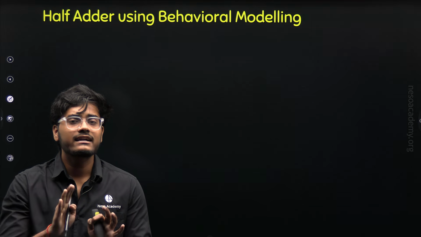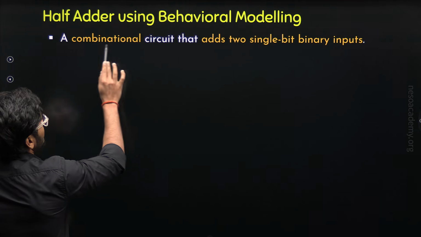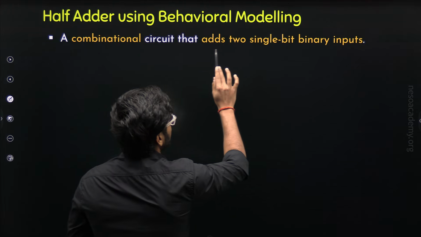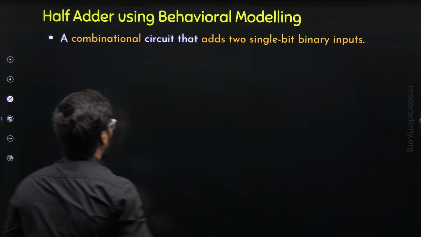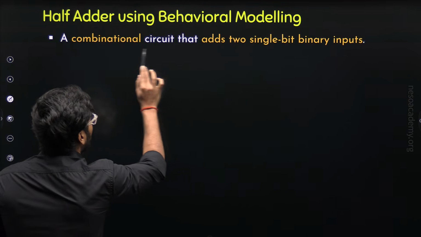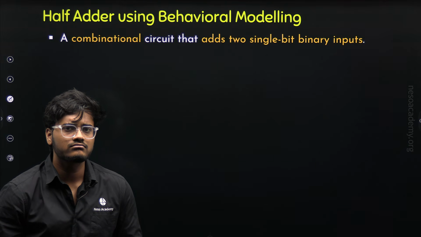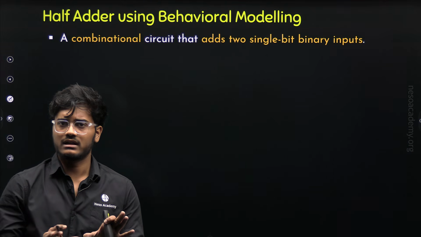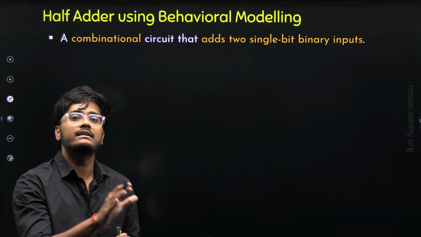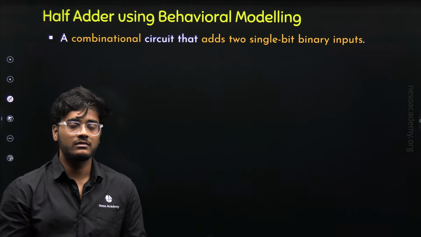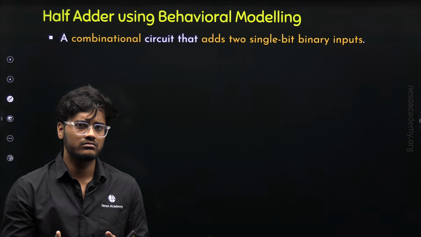Now let's see its formal definition. Half adder is a combinational circuit that adds 2 single bit binary inputs. Now half adder is a combinational circuit. What is a combinational circuit? Combinational circuits are the circuits whose outputs entirely depend on present input values. So our half adder is a combinational circuit. How?